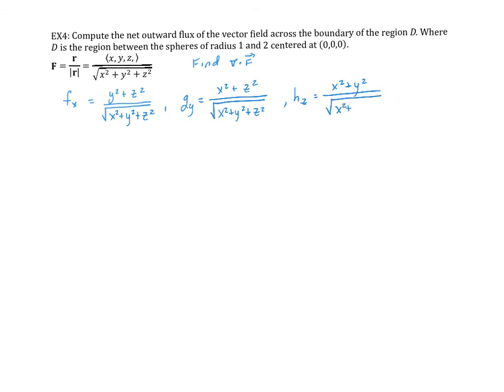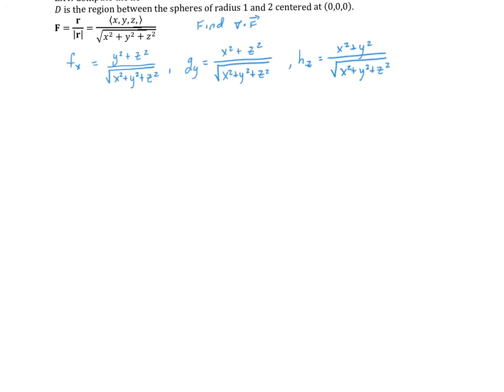And when you add all of these up, which again we had done in a previous section, we get that our divergence is equal to 2 over the square root of x squared plus y squared plus z squared.